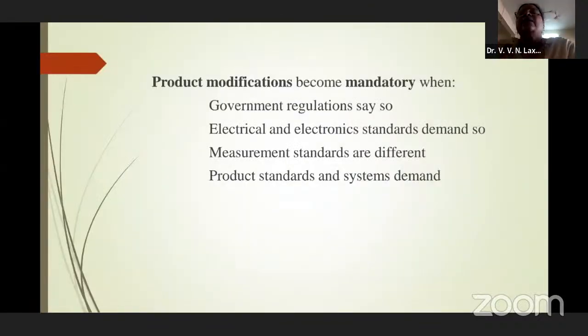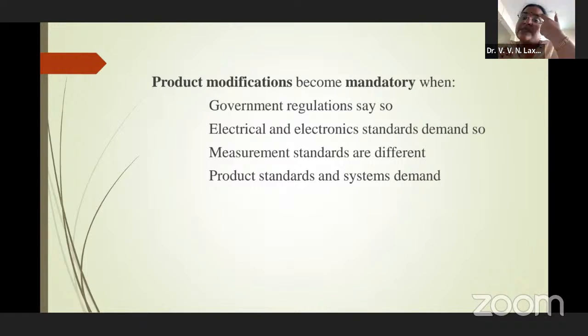Now let us see what product modifications are mandatory and what are optional in the hands of the company if the company has to bring in product adaptation.